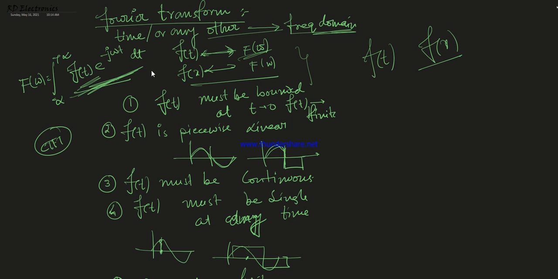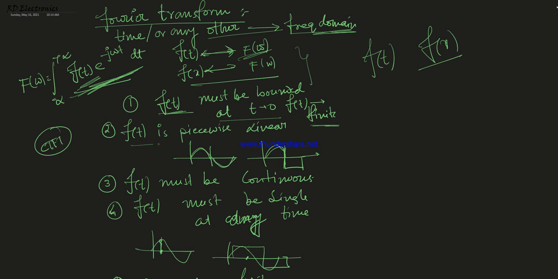So first of all, now we talk about the characteristics of the Fourier transform. The characteristics are very important, because not all signals can be converted by the Fourier transform. A signal must have specified characteristics to be converted from the time domain to the Fourier domain. First, this function f(t) must be bounded, that is, as t tends to 0, f(t) must represent a finite value, not an infinite value.